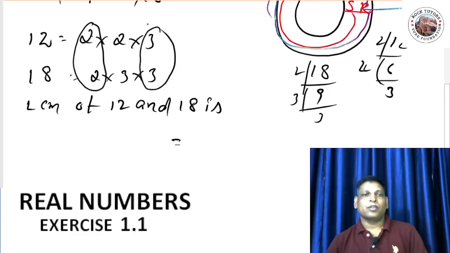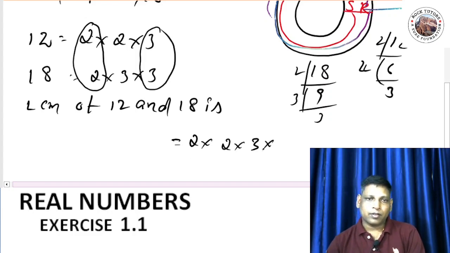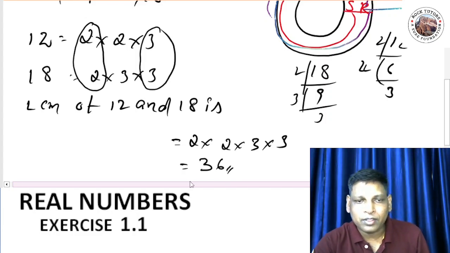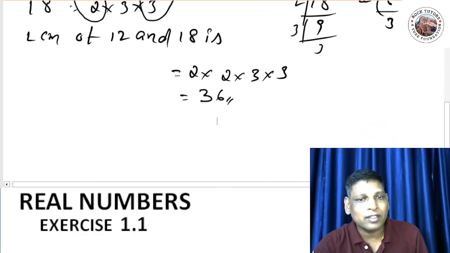So the remaining: 2 into 2 is 4, into 3 is 12, into 3 is 36. After 36 minutes they will meet at the starting point.